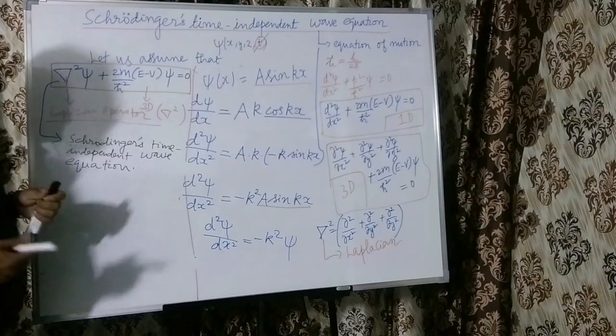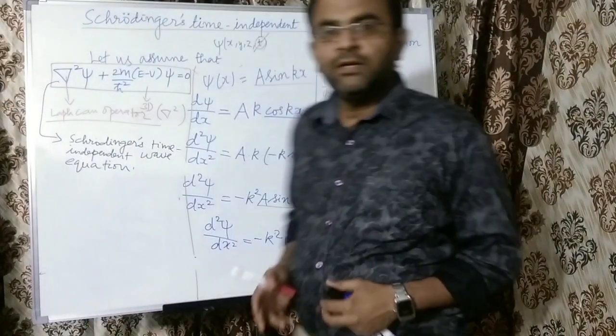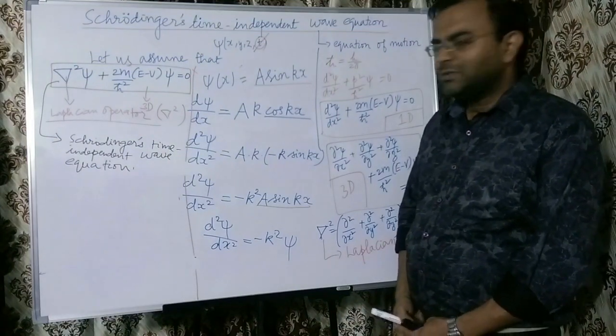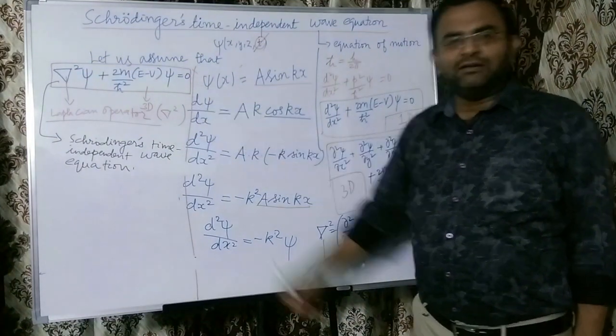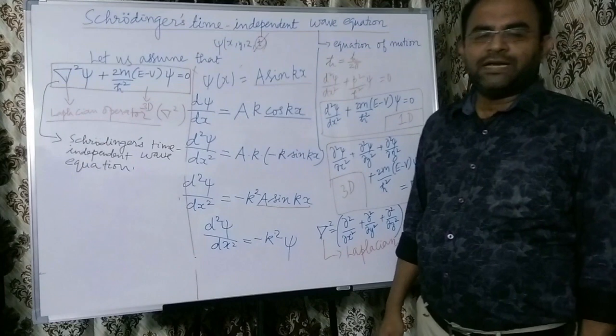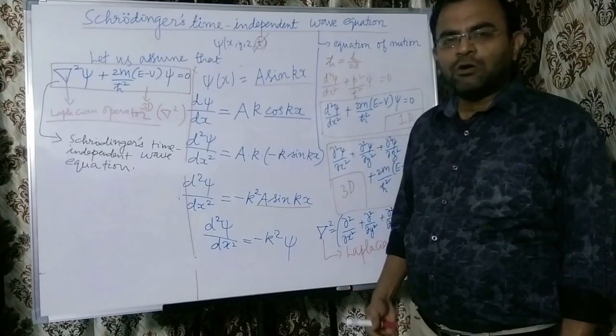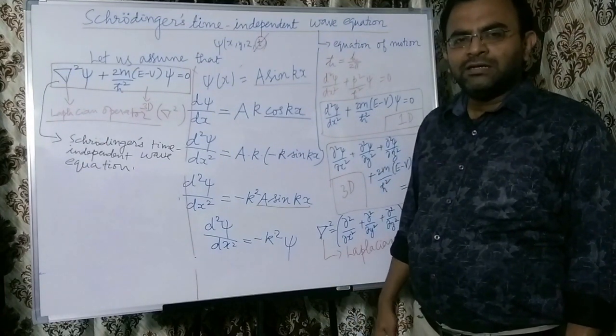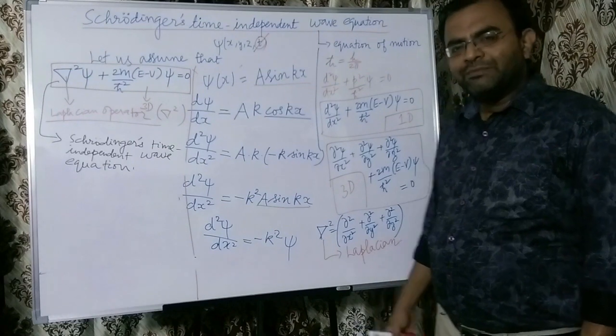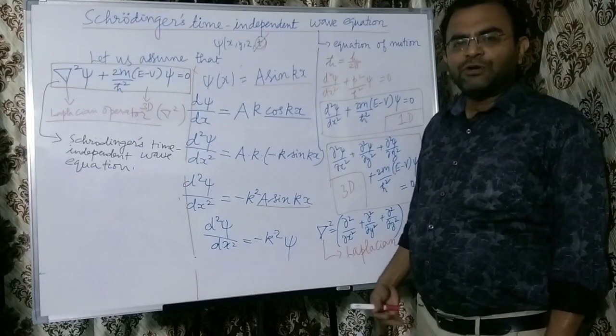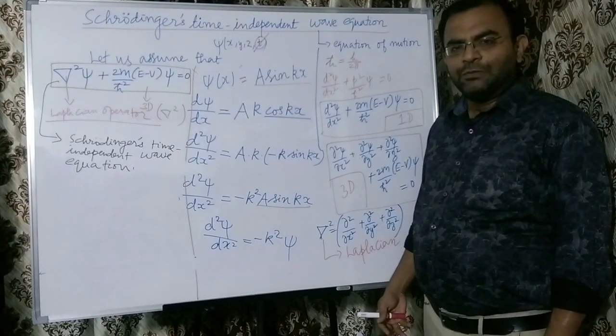Now, suppose the particle is a free particle, that is, no force is acting upon the particle, then the potential V is going to be 0. That is, the potential energy is 0.